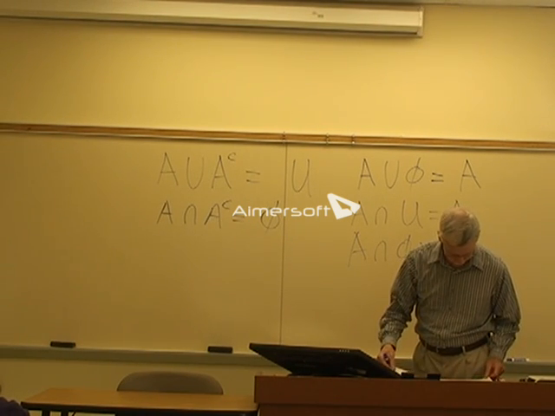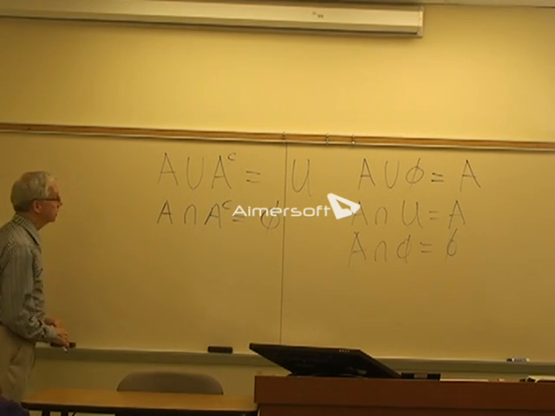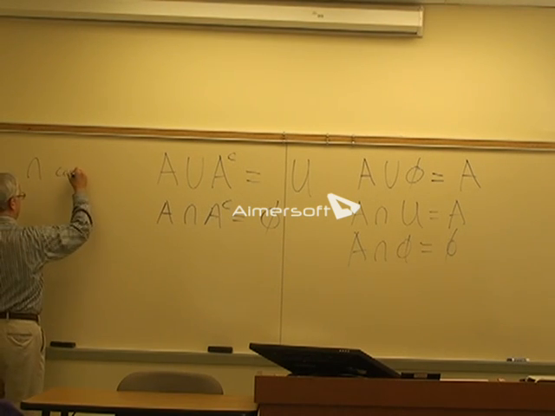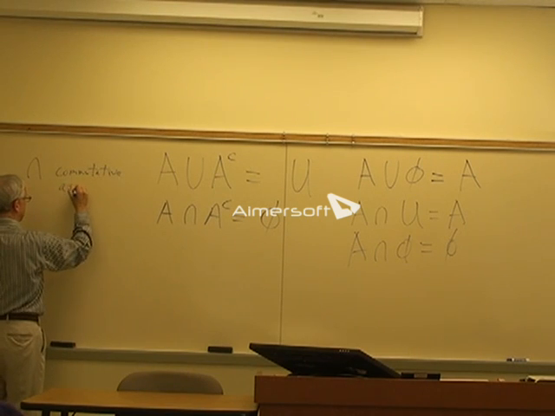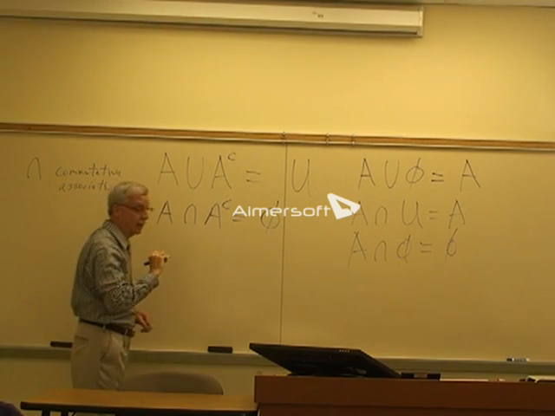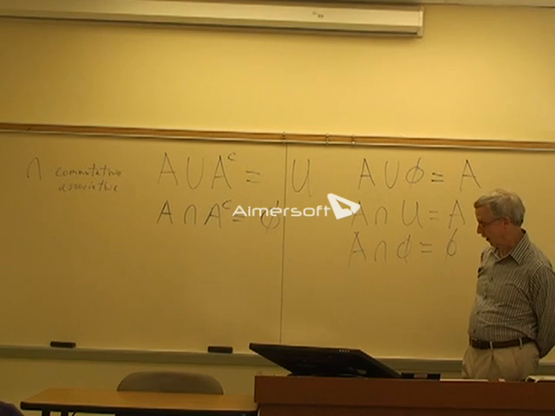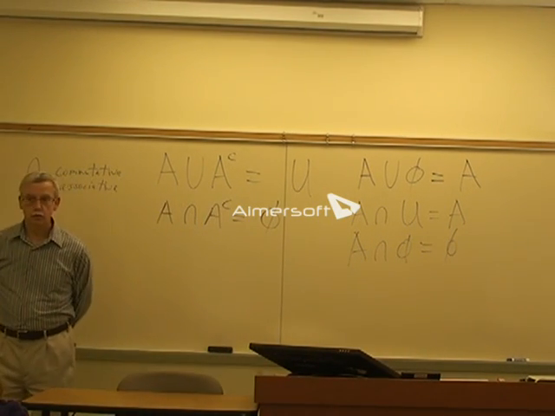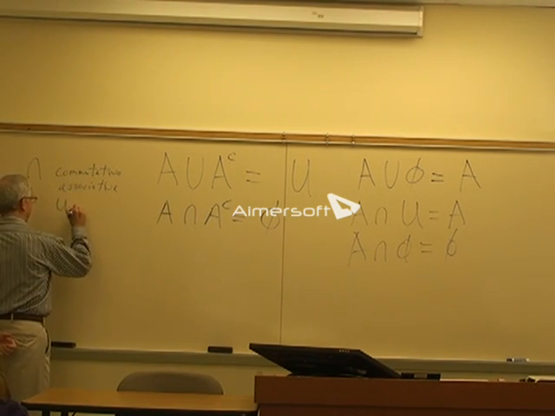This is the killer. Let's look at intersection. We know intersection is commutative, associative. Is there an identity for intersection? What set intersected with any set leaves it alone? Intersect with the universe. The universe, sure. So the universe is the identity.